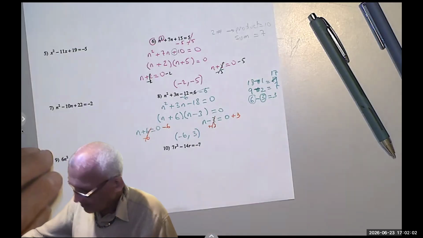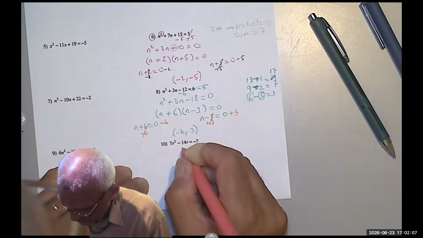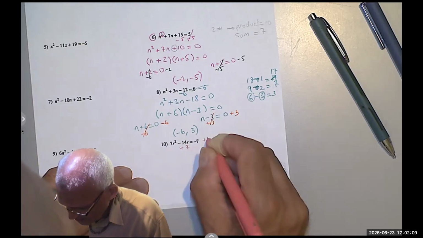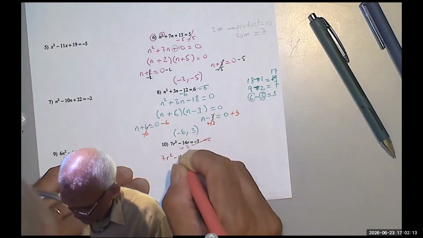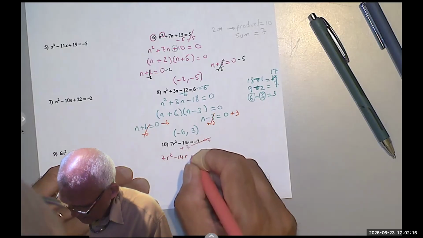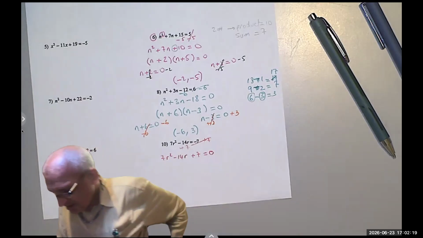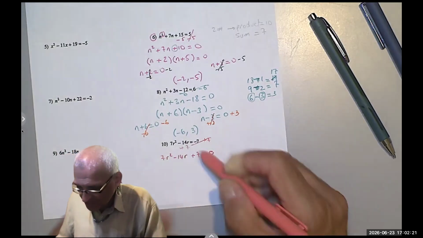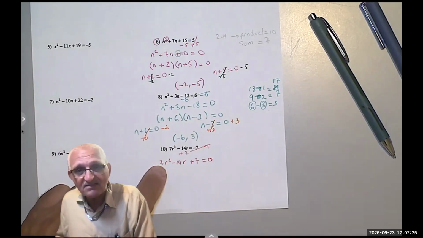Moving to the next one. 7r squared. I have to add the 7 to both sides first. So I get 7r squared minus 14r plus 7 equals 0. Here I have a problem. I cannot say two numbers that multiply to 7. Why? Because I have another 7 here.